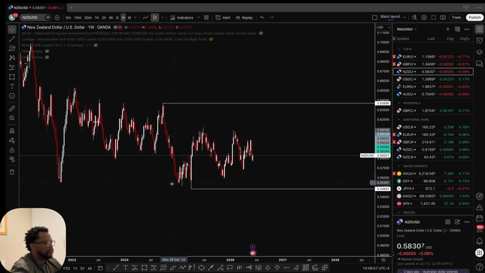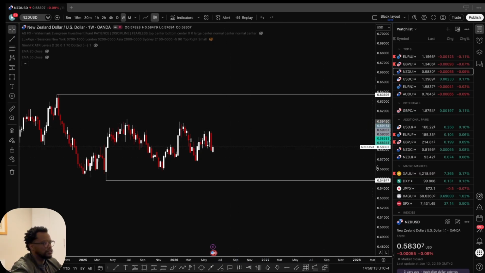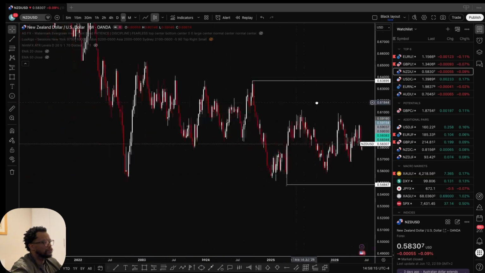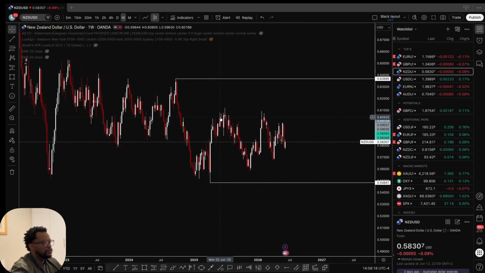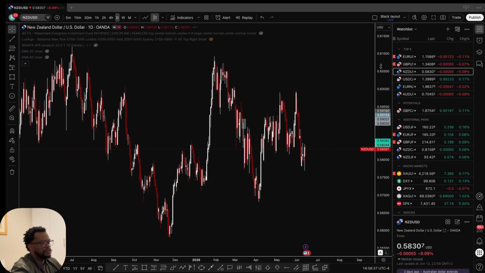So obviously high and low of the weekly internal structure, and the only difference with this is with pound and euro you can see the overall corrective structure. It's not as direct as this one, right? This one you can see as soon as we reach the highs of these areas we get a bit of a clearer push. So if I go on the daily, let's have a look on the daily.